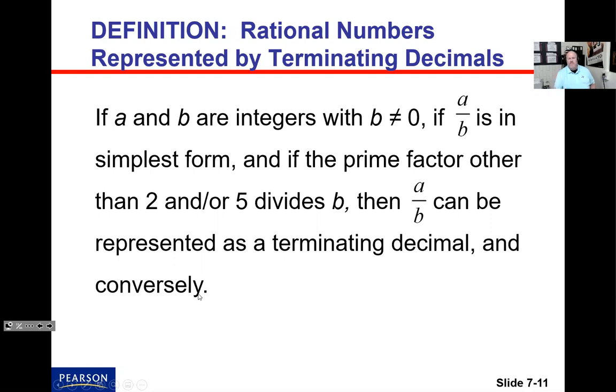If you remember, anything that can be expressed as a fraction, A over B. The only thing is B cannot be 0, because you can't divide by 0. It's undefined, doesn't work. But the key thing here for rational numbers is they can either be expressed as a fraction or a terminating decimal.